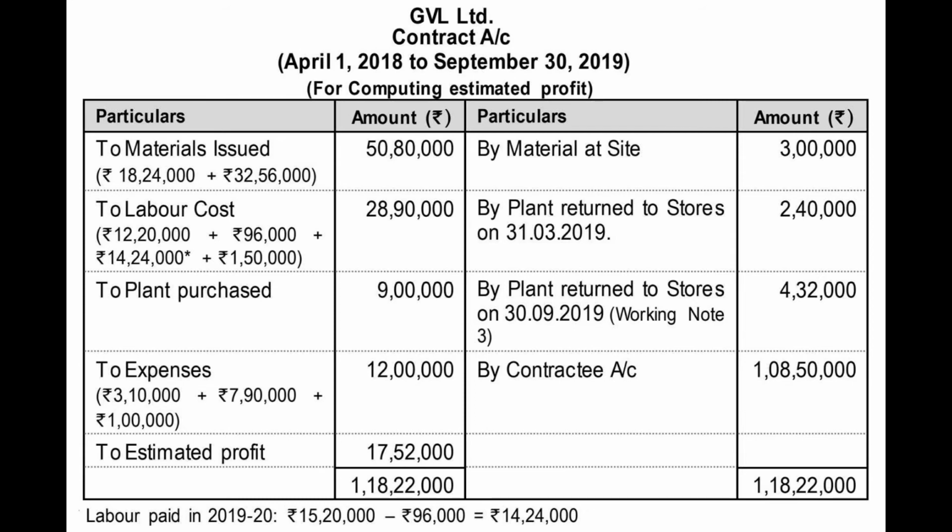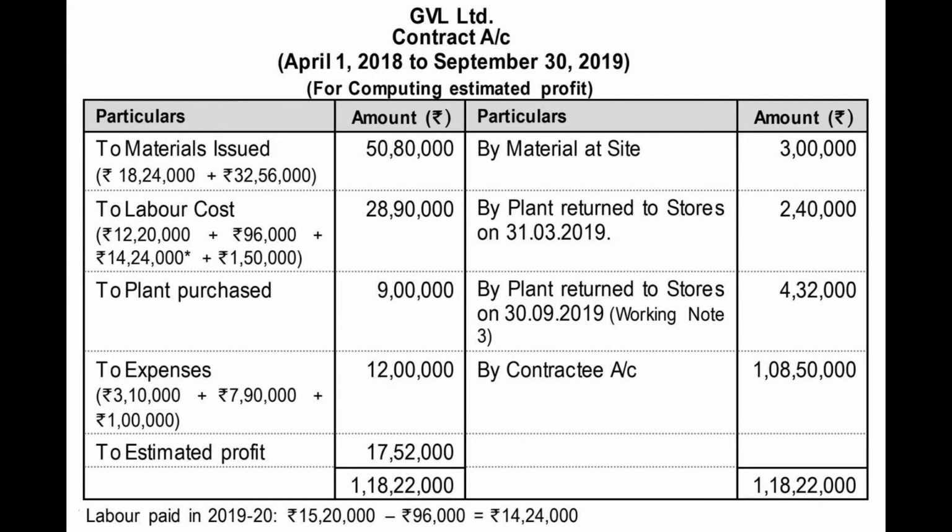That is the reason why 96,000 is deducted. 96,000 actual expenditure is outstanding for the period of 2018-19 but paid in 2019-20. So it was paid in 2019-20 but expenditure incurred in 18-19. So at the time of incurring expenditure itself, it was considered. That means 96,000 was considered, so that it is deducted from 15,20,000.